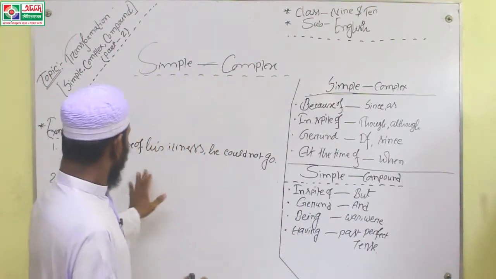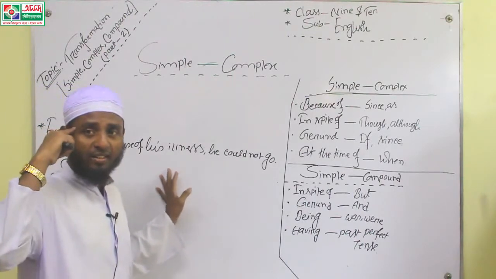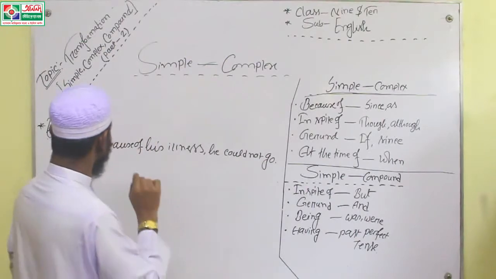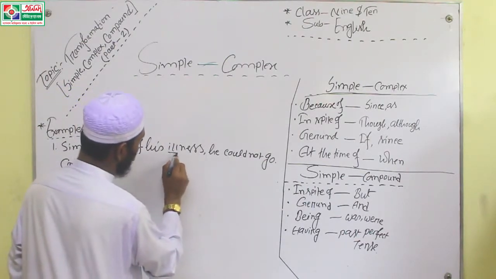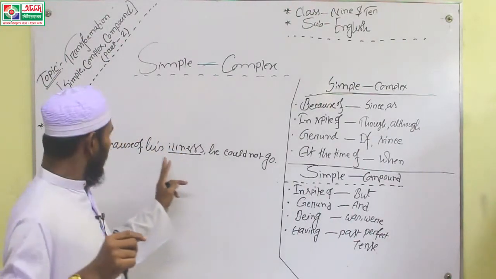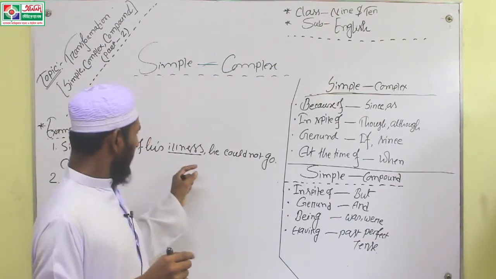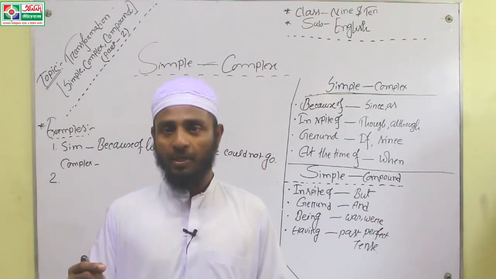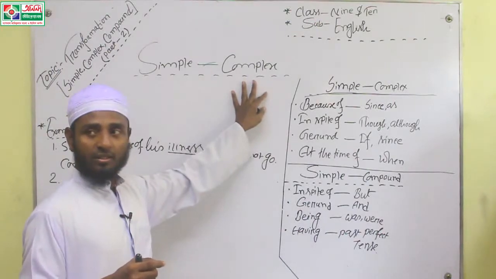Dear learners, you have to bear in mind that illness is a noun. A noun is used in a simple sentence. The adjective form of illness is ill, and an adjective is used when you write a complex sentence.